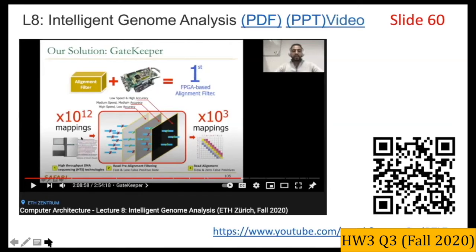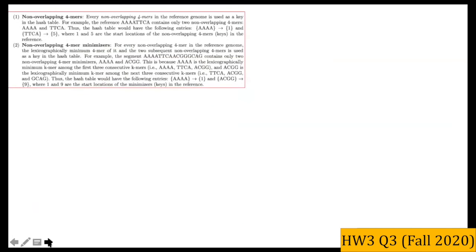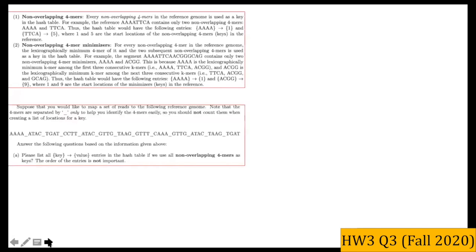This is lecture number 8 in the computer architecture course for the fall 2020 semester. Here I copied the 2 methods again just as a reference while we are solving the question. Now the first point in the question: suppose that you would like to map a set of reads to the following reference genome. So here's the reference genome.